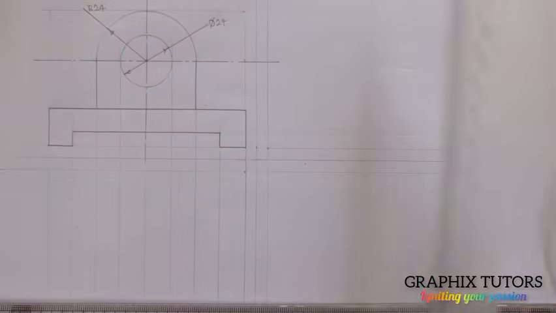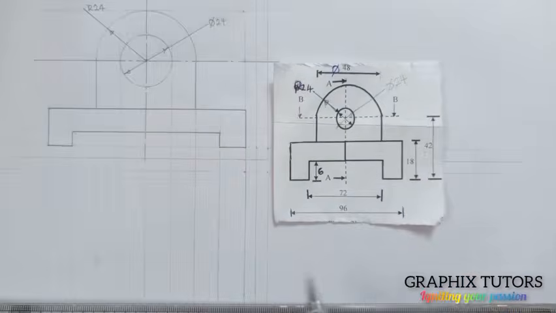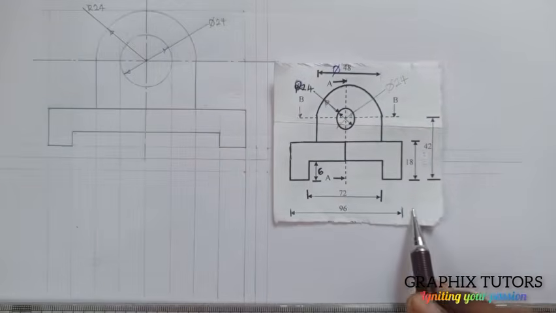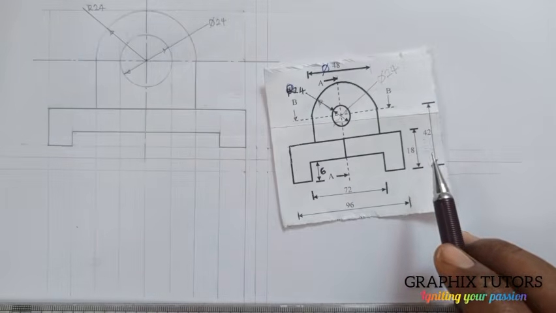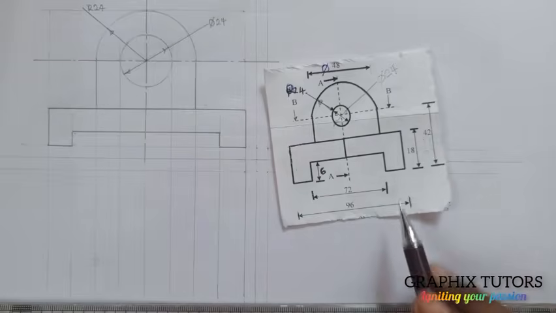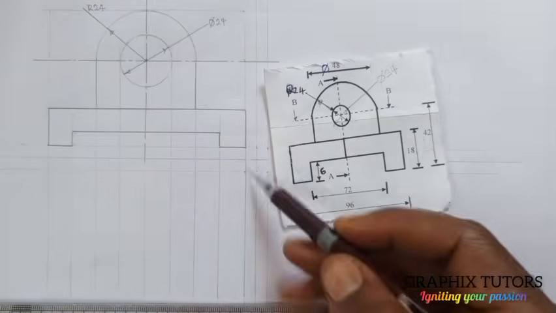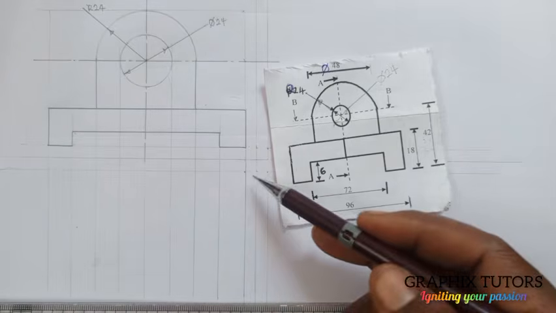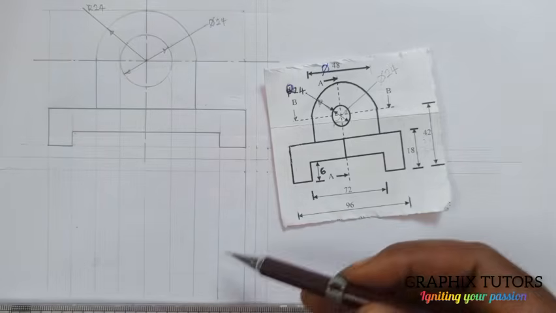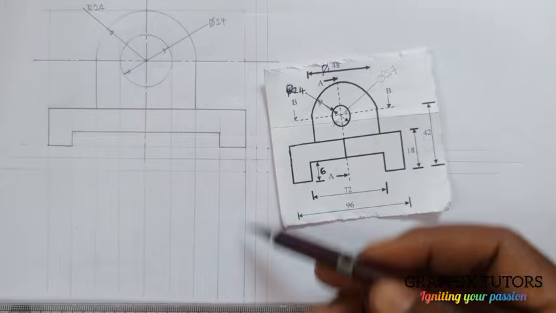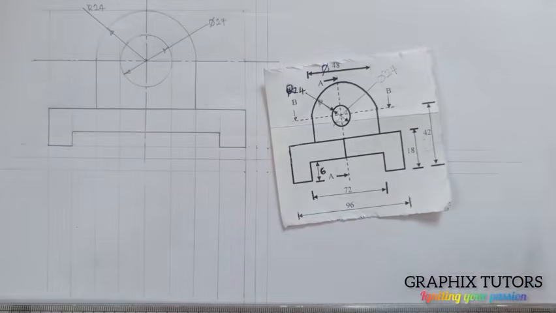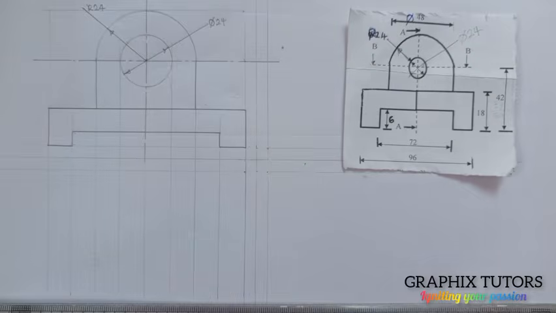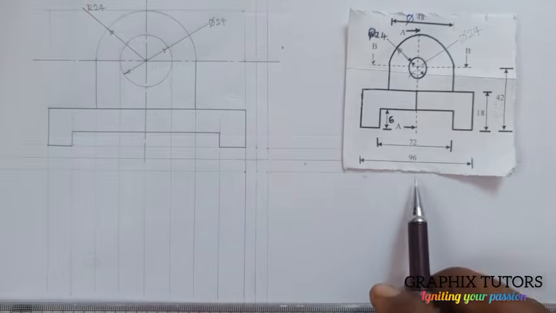Now look at what we just did. If you look at the diagram, we're only given the length and the height. Like I told you, your front elevation always has the length and the height, right? We're not given the width of the plan. So I'll just use a smaller distance, which will be 48, right?